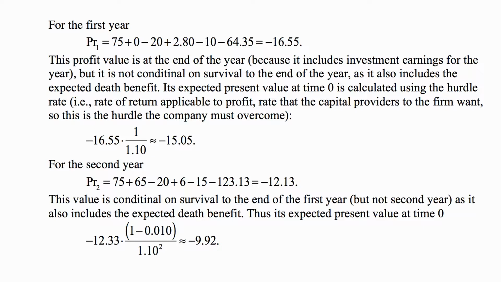Because we're only doing this for a policy that survives the first year, otherwise it's not there. And since the value is calculated at the end of the second year, we need to discount it back over 2 years. So what we get is negative 9.92.